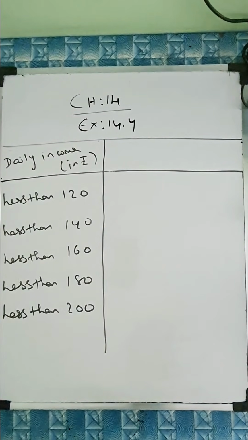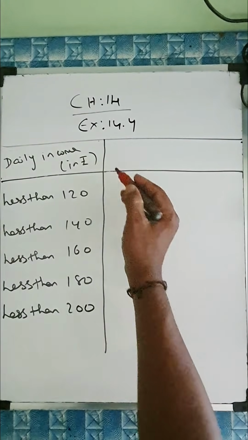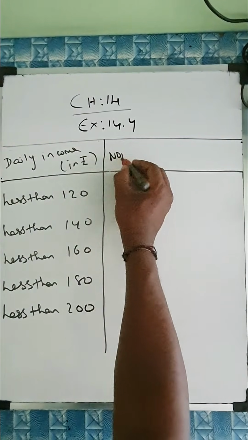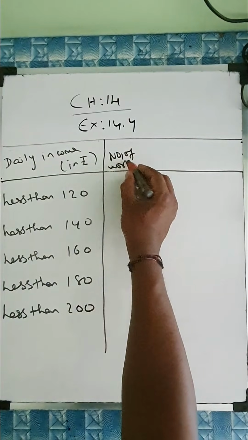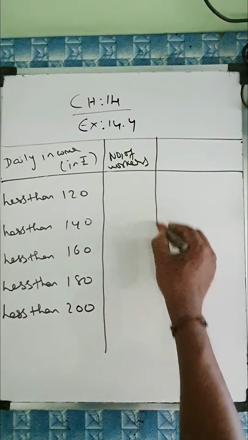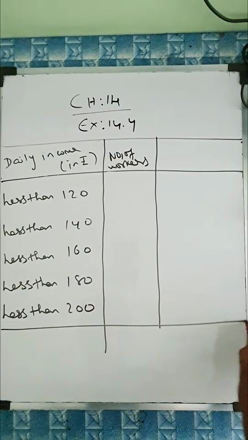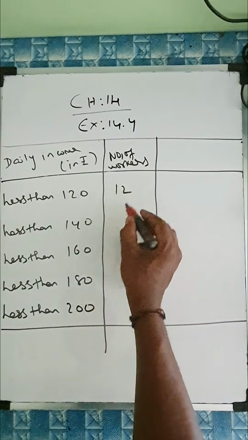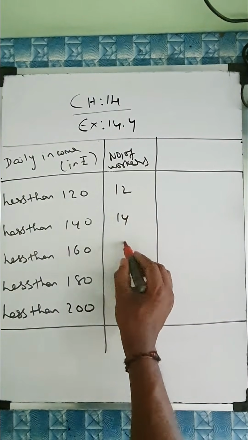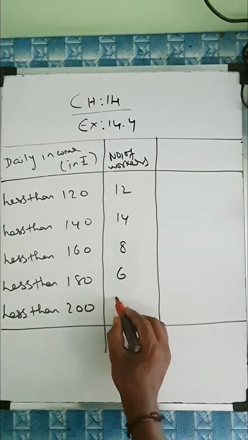After that, the number of workers is given, so we'll write the same thing and write the cumulative frequency. Number of workers: 12, 14, 8, 6, 10.